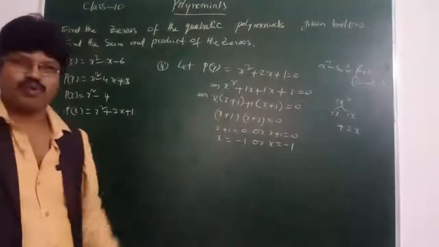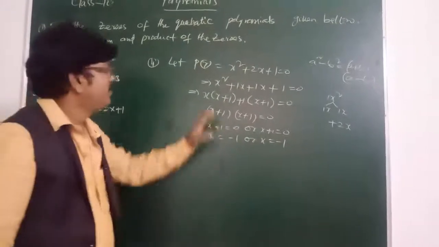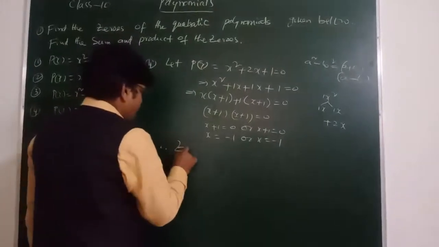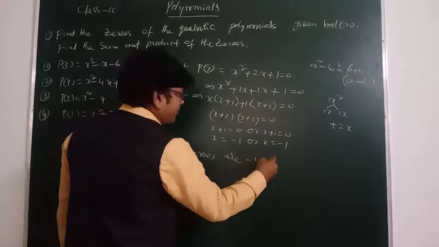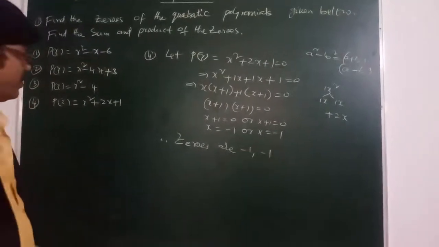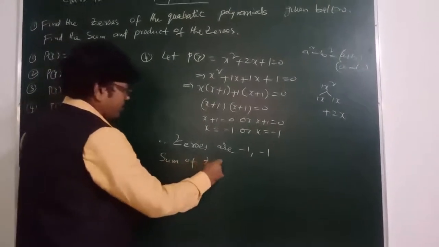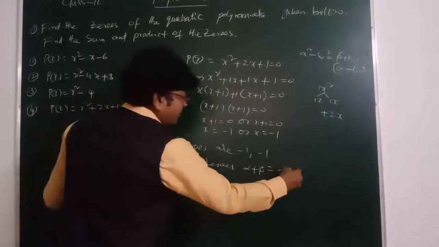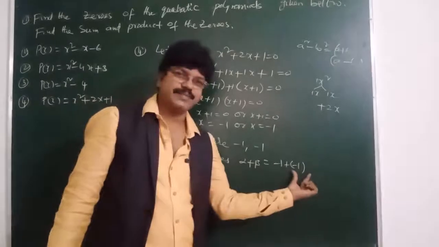Actually this is x plus 1 whole square, a square plus 2ab plus b square. This is the formula. So zeros are minus 1, minus 1. Now sum of zeros alpha plus beta: minus 1 plus minus 1. Here put brackets.